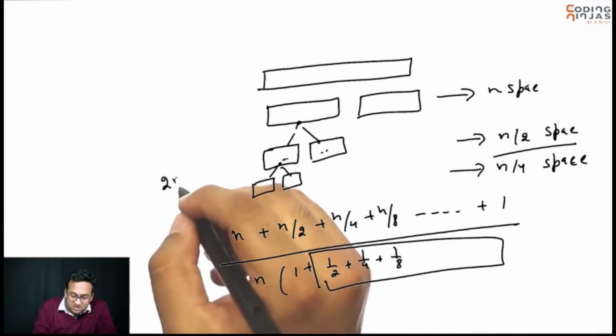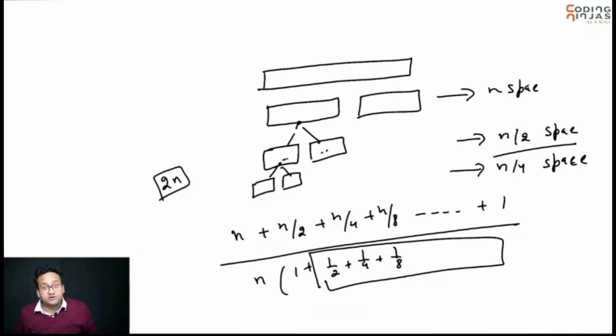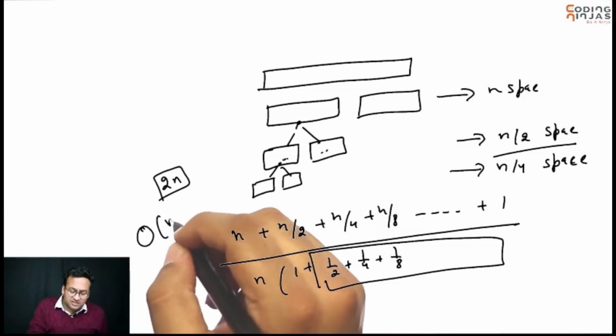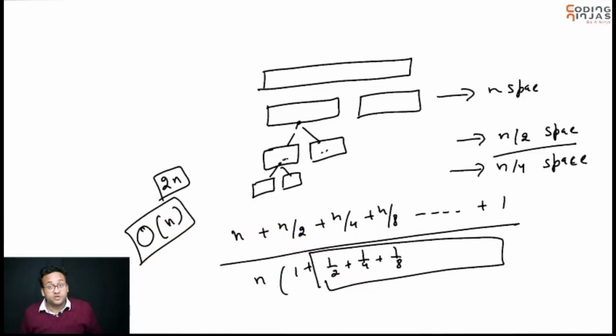So at max the space required will be 2n. It will not be n square, it will not be n log n, it will basically be 2n. Or you can say the space complexity is big O of n in case of merge sort. So that's how we can calculate the space requirement of merge sort.